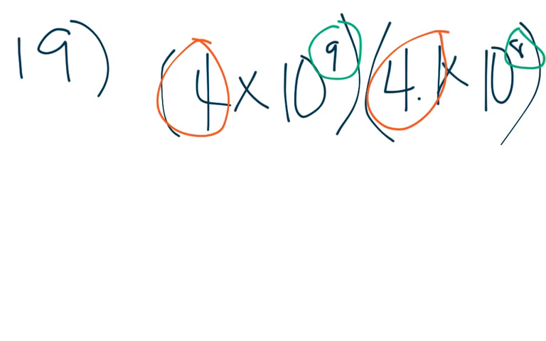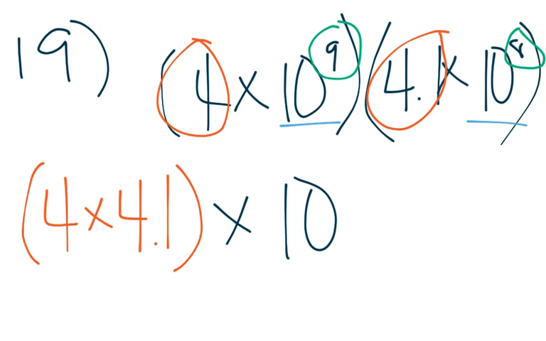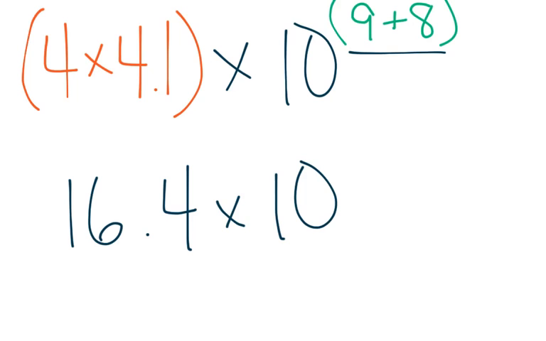And 10 is our base, and that's going to stay the same. So we have 4 times 4.1, times 10 to the 9 plus 8 power. So 4 times 4.1 is 16.4 times 10, and 9 plus 8 is 17.